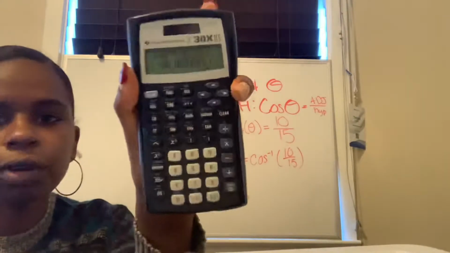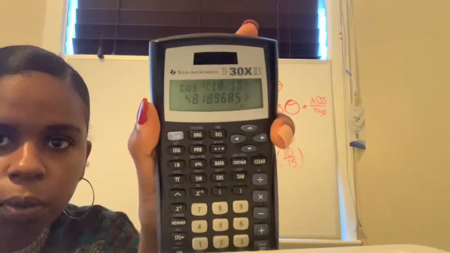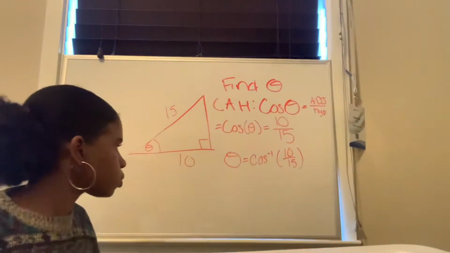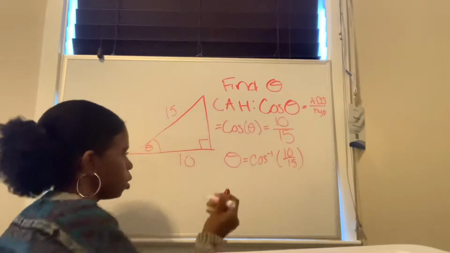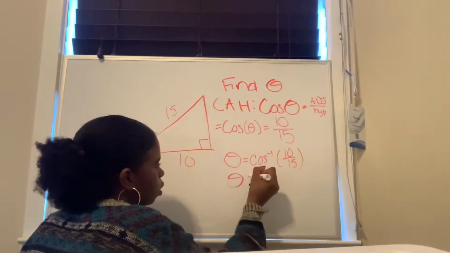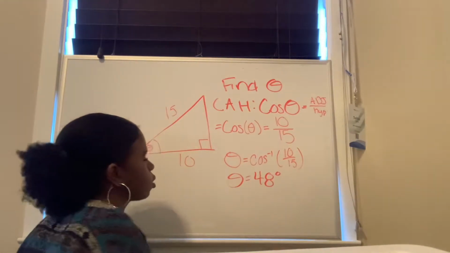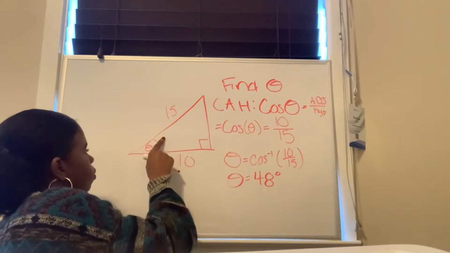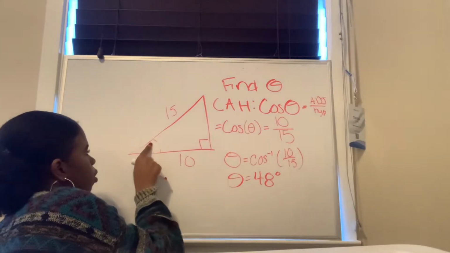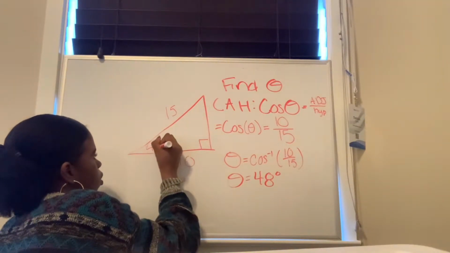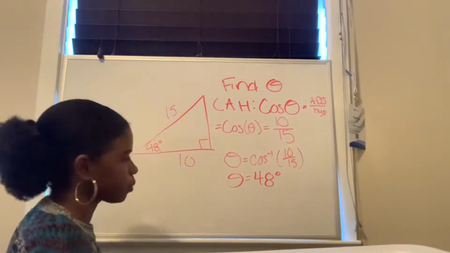And I got 48.18. I'm just gonna round and do 48 degrees. So theta equals 48 degrees. Okay, so we can erase that and put in 48 degrees.